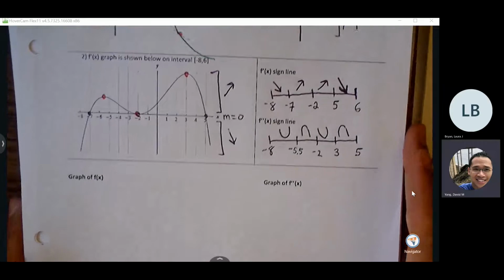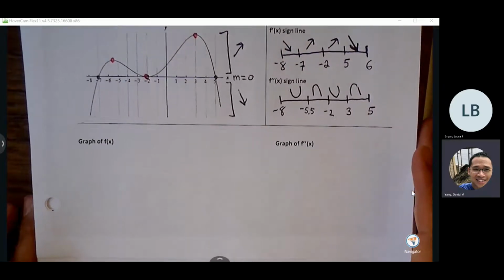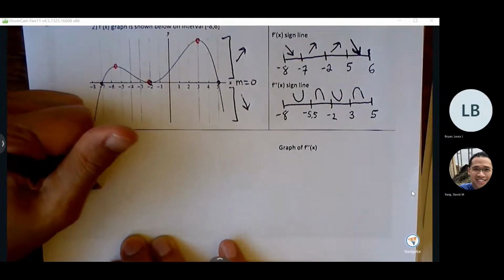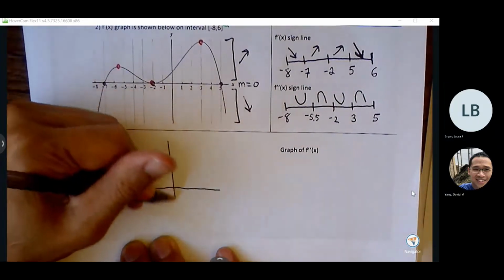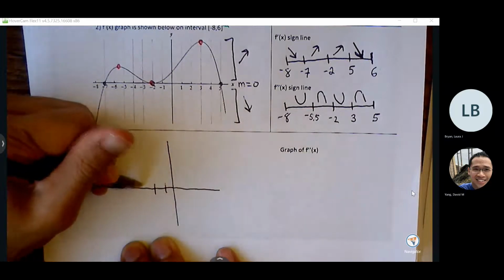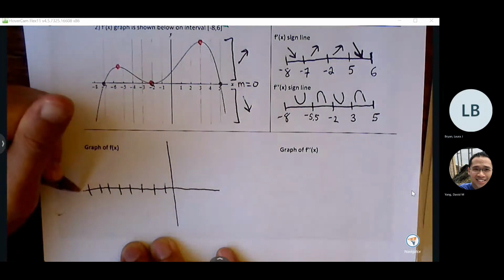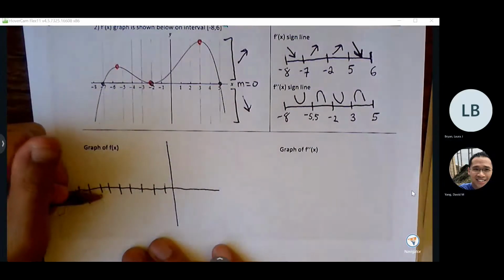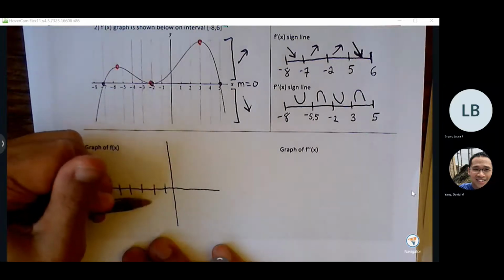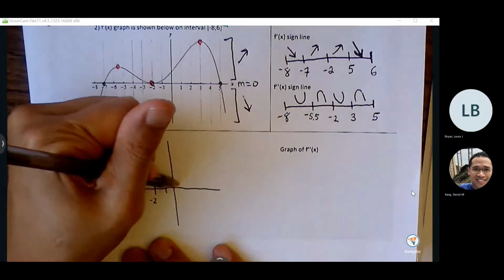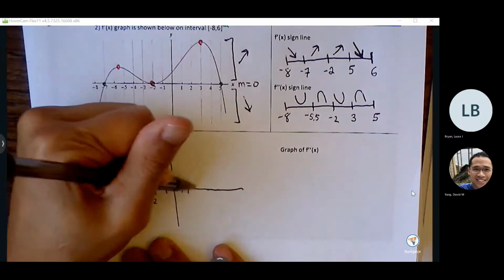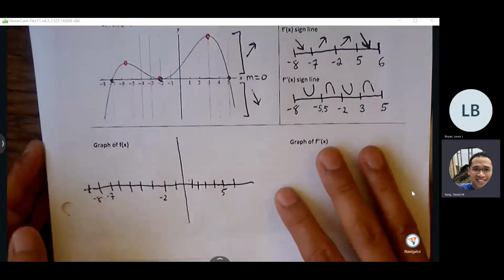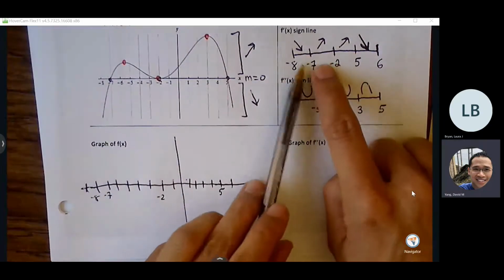Okay. We'll sketch our graph, make two versions of it. So before I start the graph, I'm just going to kind of target what I want to go after.